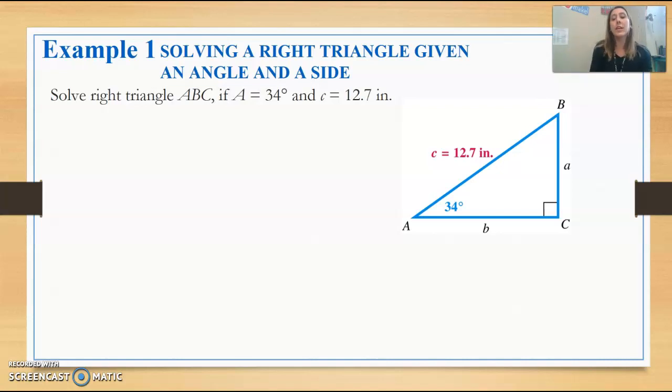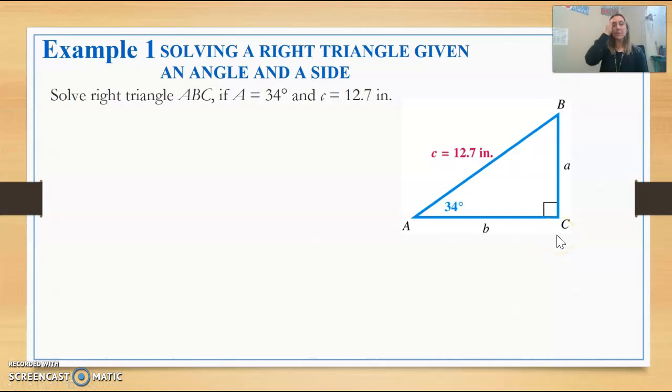So in this problem, we have 34 degrees and then we have 12.7. That means that all of our answers, we're going to round to that first decimal place, the tenths place, because we want to match the rounding that was done in the problem.